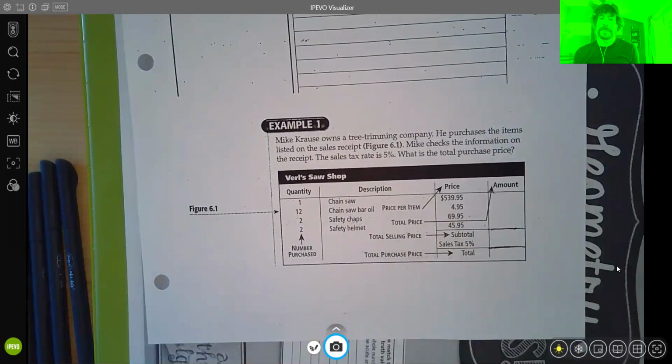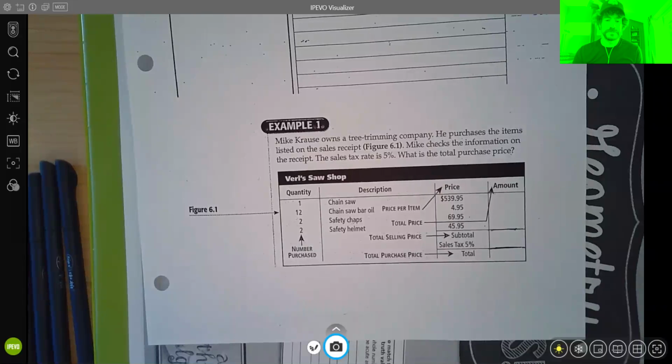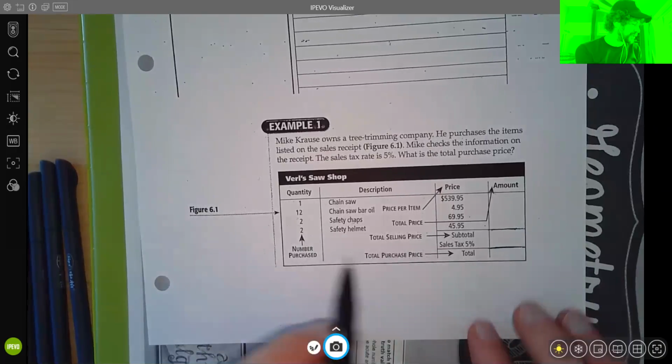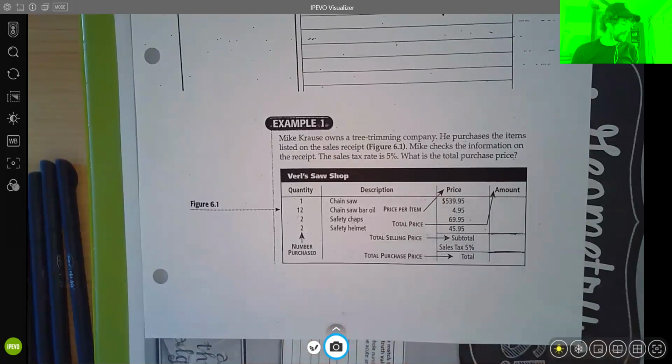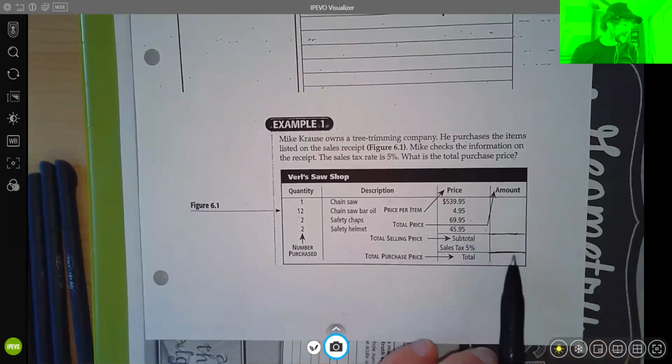So let's go ahead and start taking a look right through here. The amounts are going to be just the straight amounts off to the side right here. And then we're going to get our subtotal. We're going to calculate the amount of sales tax.